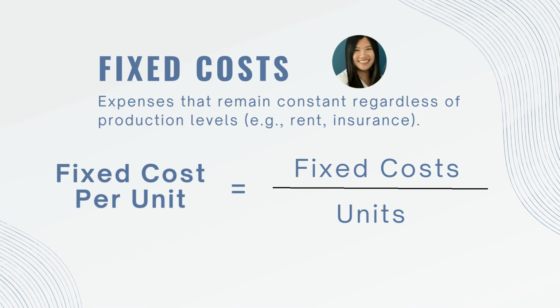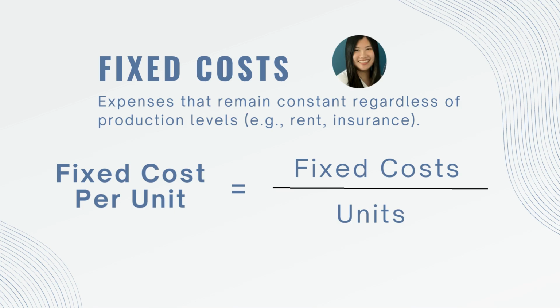This formula highlights the key characteristics of fixed costs on a per unit basis. As the number of units produced increases, the fixed cost per unit decreases. Conversely, if fewer units are produced, the fixed cost per unit increases.